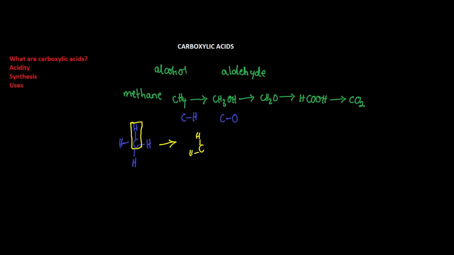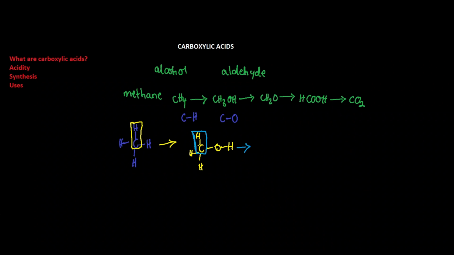Okay, so we'd have C, of course, our 3 hydrogens would remain in place, and now we have an oxygen bond. In place of carbon-hydrogen, we now have carbon-oxygen. Okay, and then we would have a hydrogen here. This is an alcohol and it has the name methanol. Now on further oxidation, we would have this carbon-hydrogen bond replaced by a carbon-oxygen bond.